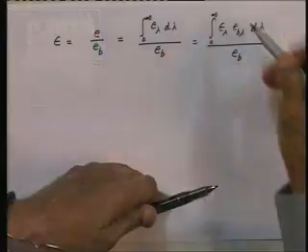E is nothing but the integral 0 to infinity E lambda d lambda, integration over all wavelengths, upon E b, that is nothing but the integral 0 to infinity epsilon lambda E b lambda d lambda upon E b. All right. Now, epsilon lambda is a constant.